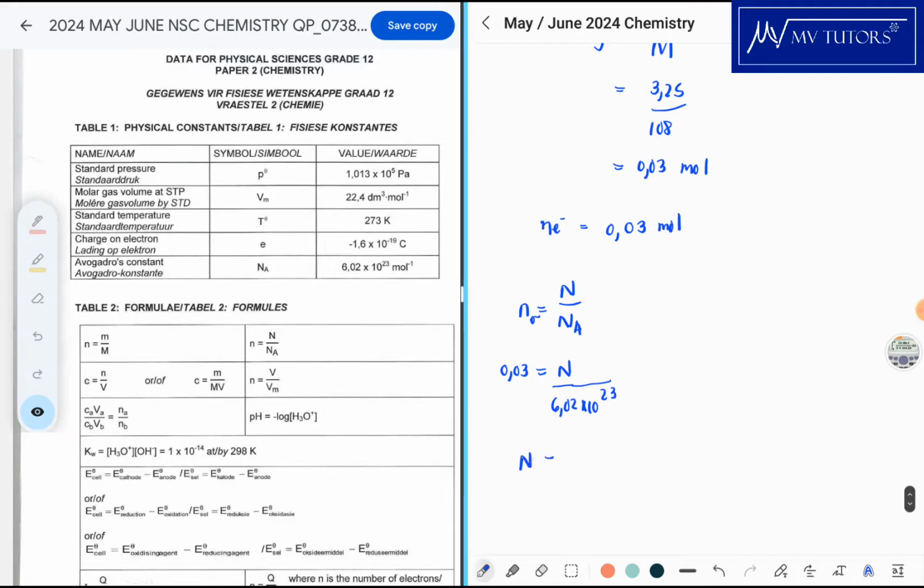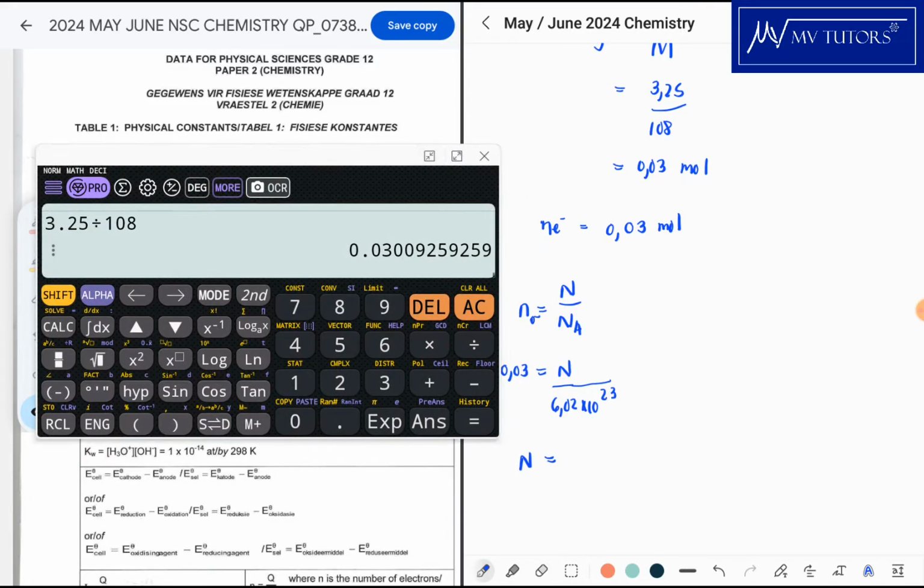Let's calculate that. We have 0,03 multiplied by 6,02 times 10 to the power 23, and we have 1,81 times 10 to the 22.